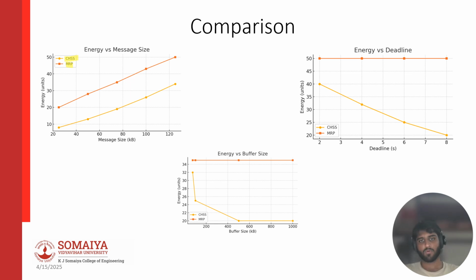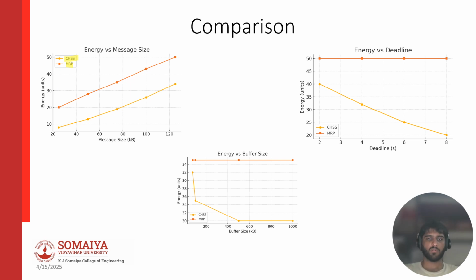For the same methods, we have an energy versus deadline graph. As you can see, the energy consumption is again way higher for MRP as compared to the HSS, because again it prioritizes speed, so it will always fulfill the deadline requirement, but at the energy cost.